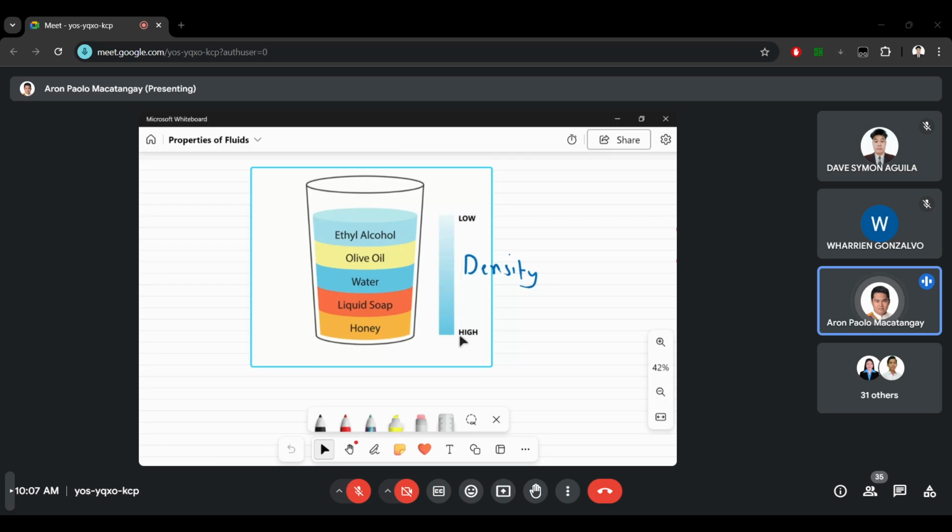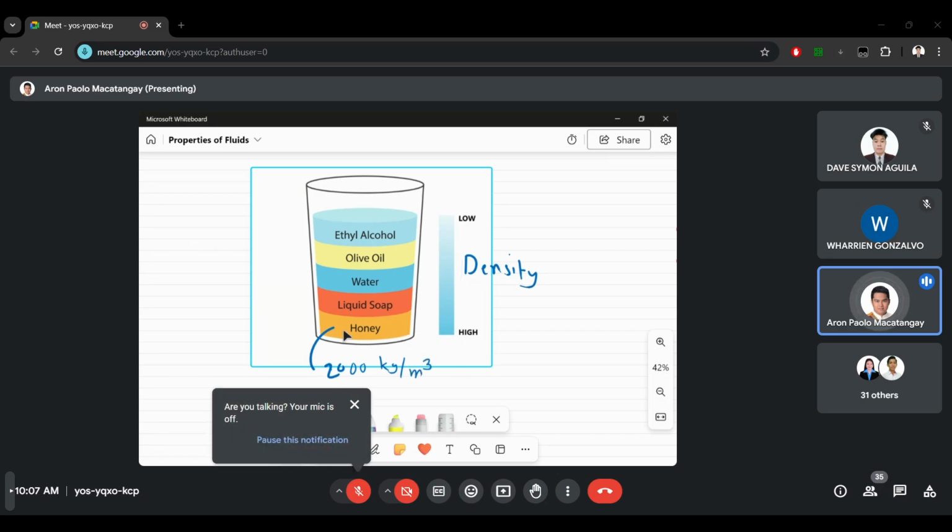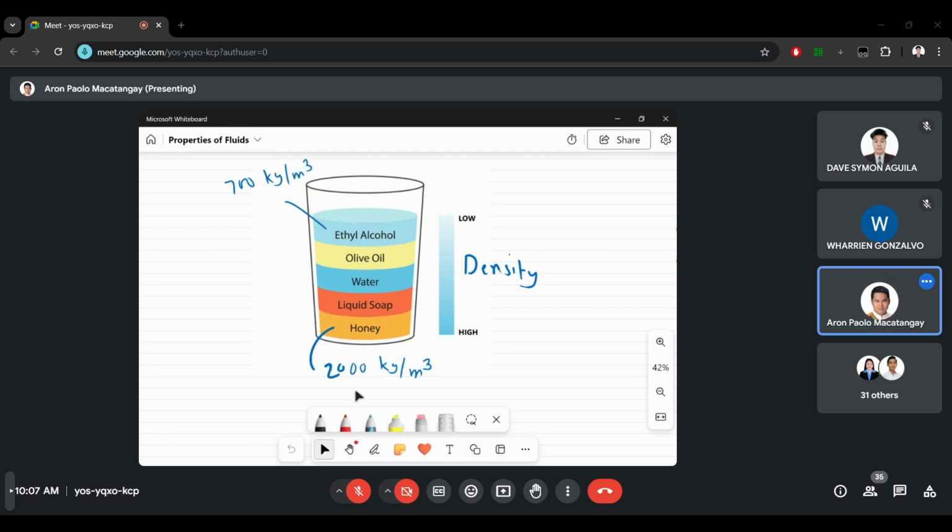For example, if honey has a density of 2000 kilogram per meter cube, then it will be at the bottom. Ethyl alcohol, say around 700 kilogram per meter cube, then it will be at the top.